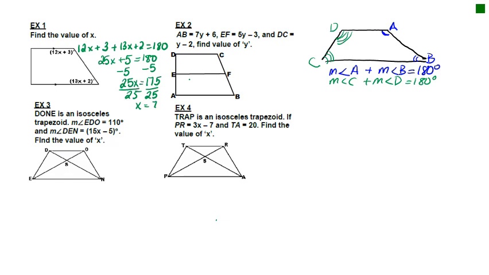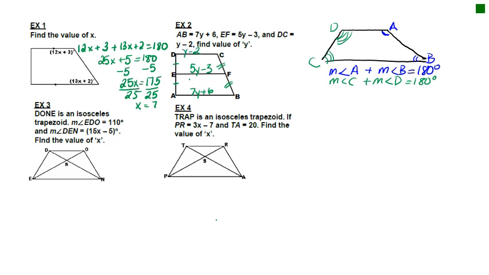All right, example 2. AB equals 7y plus 6. I'm going to label that. EF equals 5y minus 3. And I'm assuming, and I probably shouldn't, but I'm going to assume that's a median. They don't mark it as a median. Normally when they have marked a median, they'll say, hey, these two are congruent, or they'll say it's the median. And in this example, they should have.